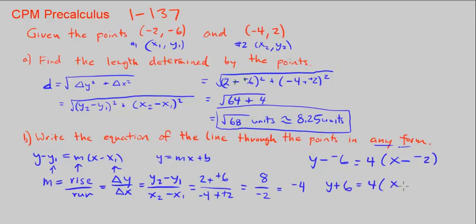Minus the negative is plus, and this is the equation of the line in point slope form. Okay, I could go ahead and simplify this and solve for y and get slope intercept form, but I'm going to just be done, and this is the form I'm choosing. So this ends CPM Precalculus Chapter 1, number 137.